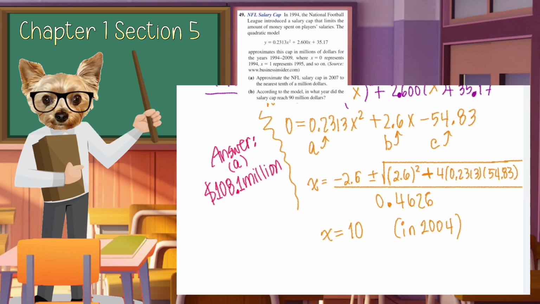The other solution would have given a negative answer, which would have been extraneous, and this is the only one you will keep. You only really need to do the plus part because if you did negative 2.6 minus, you're going to get a negative divided by a positive, which is still negative. So we only care about the plus in this case, and it gives us this for our answer to part B.